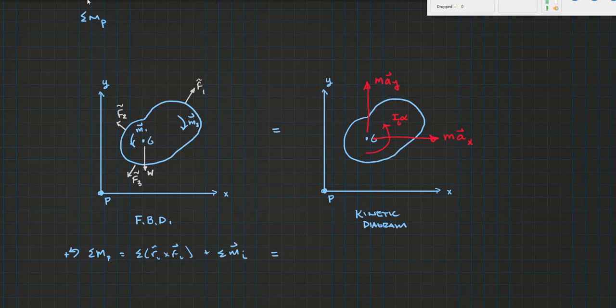And then we would set that equal to R cross mass times the acceleration of G plus I G alpha.